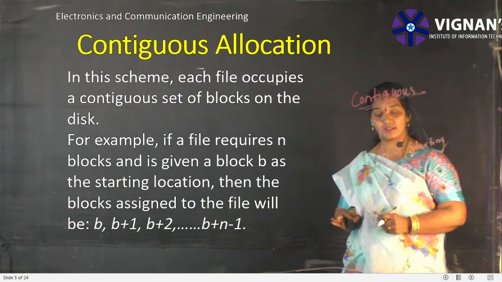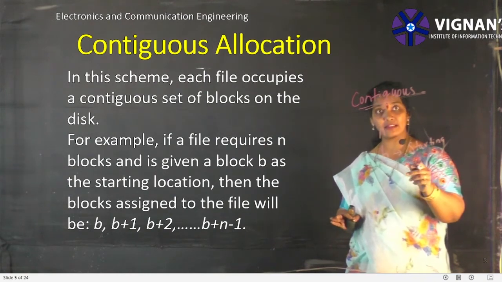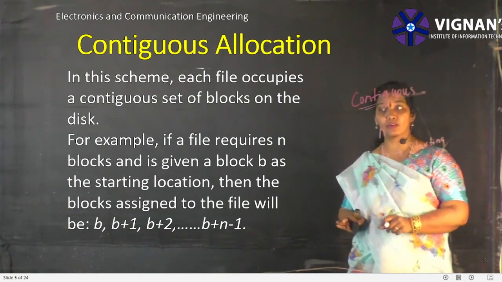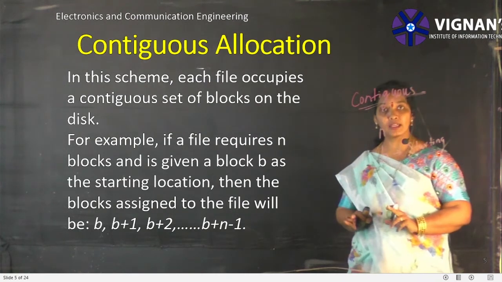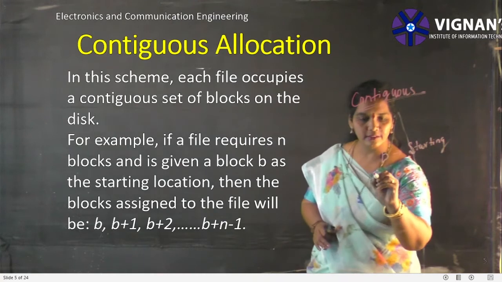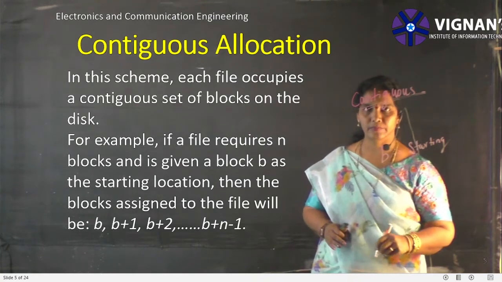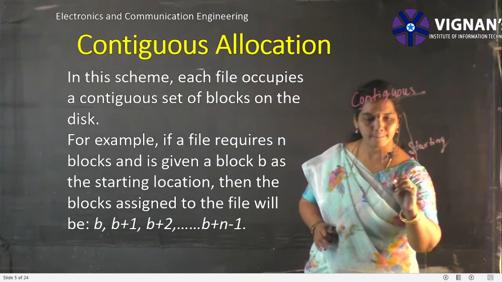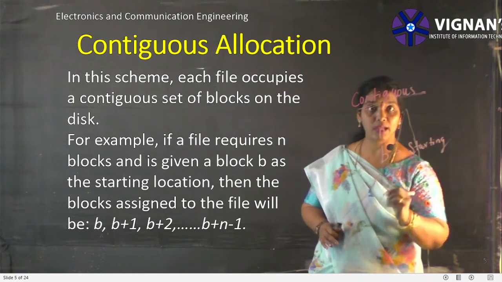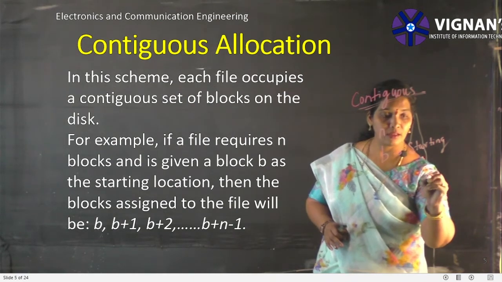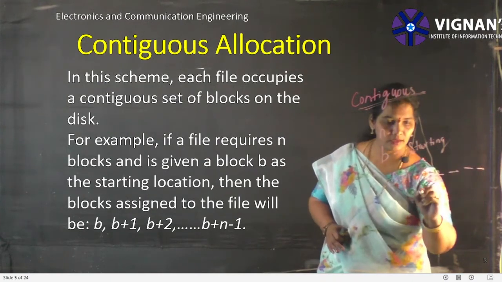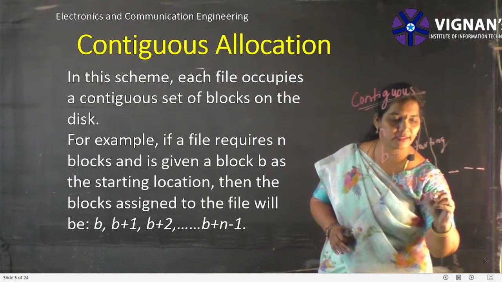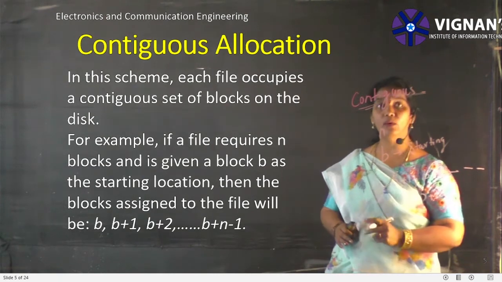Then the file will be stored from B to the nth location, such as B, B plus 1, B plus 2, and so on up to B plus n minus 1 location.